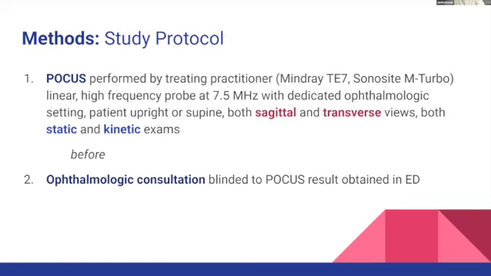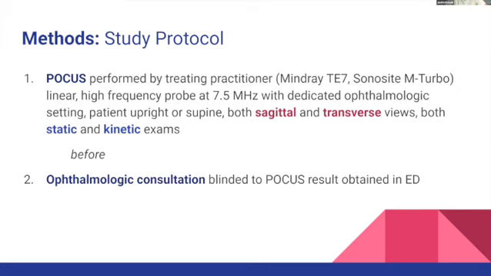So in terms of the protocol, the first step was POCUS performed by the treating practitioner. They used one of these 2 ultrasound machines with a linear high frequency probe with a dedicated ophthalmology setting. Patient could have been upright or supine. They had both sagittal and transverse views, and both static and kinetic exams.